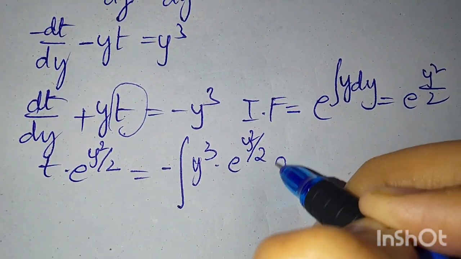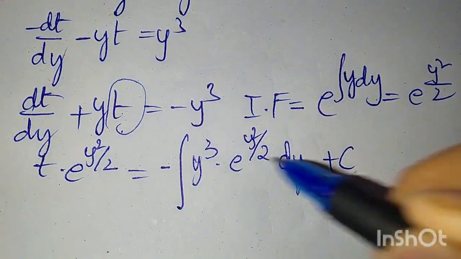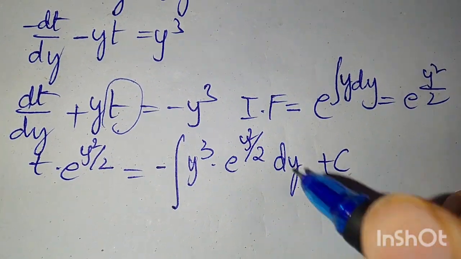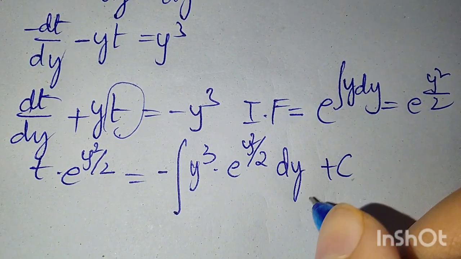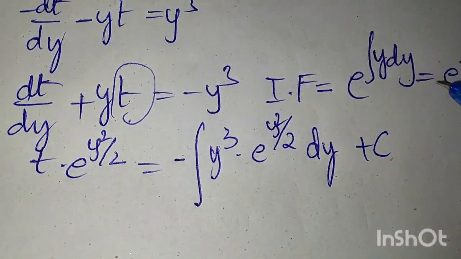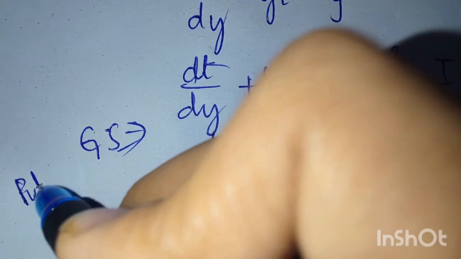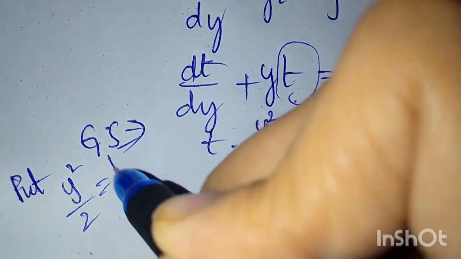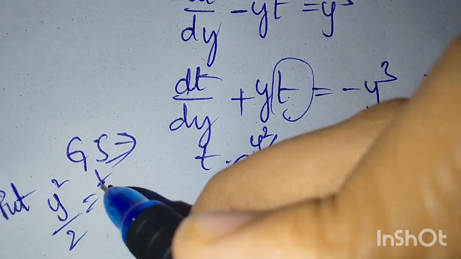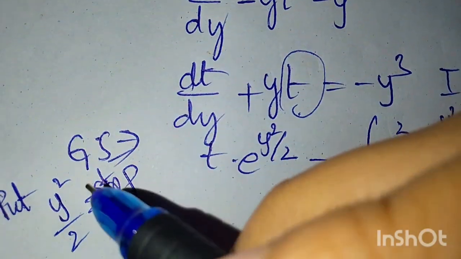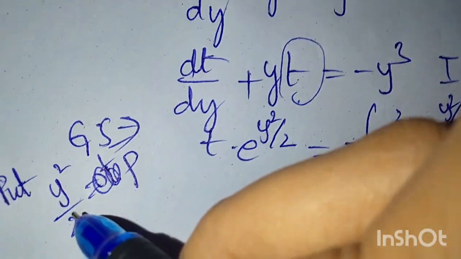So what I have to do? See, y square is there. So I'll put y square by 2 as p. 2y dy is equal to dp.